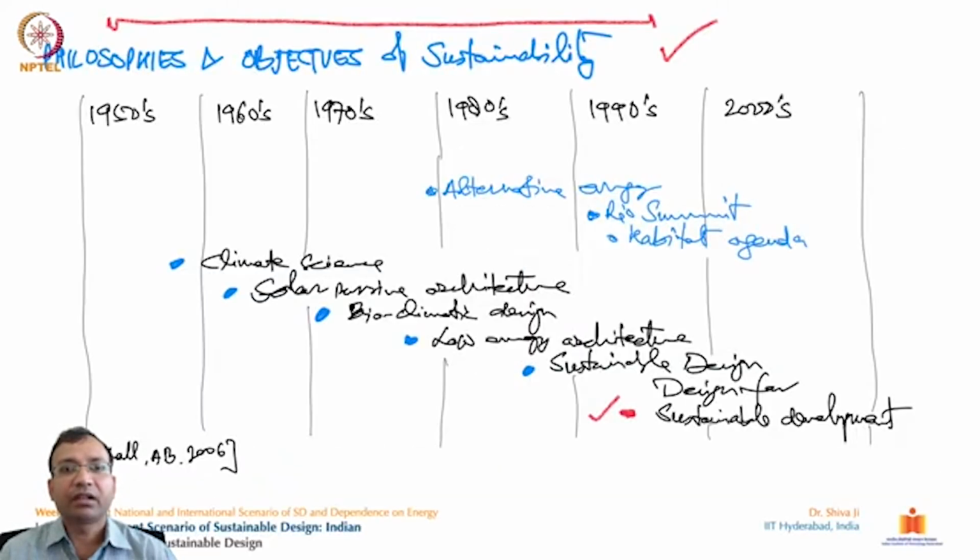So here, if you see how this has progressed, we are starting from here to understand how the objectives of sustainability have evolved over the last few decades.